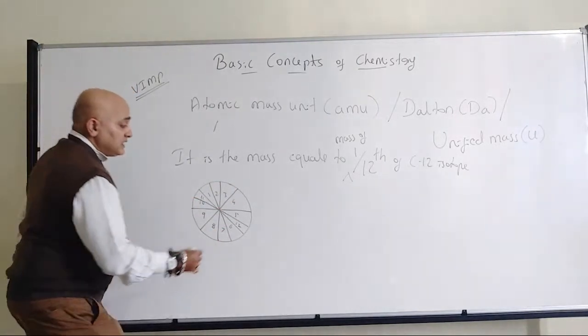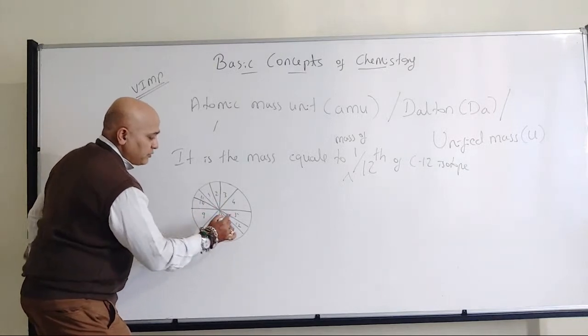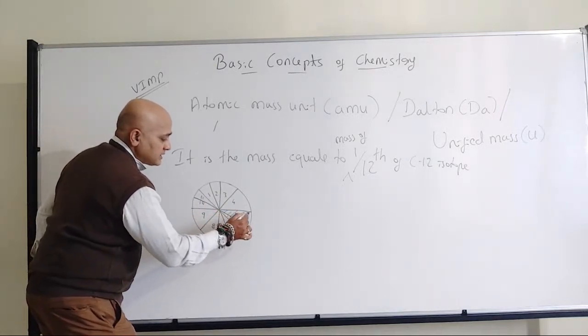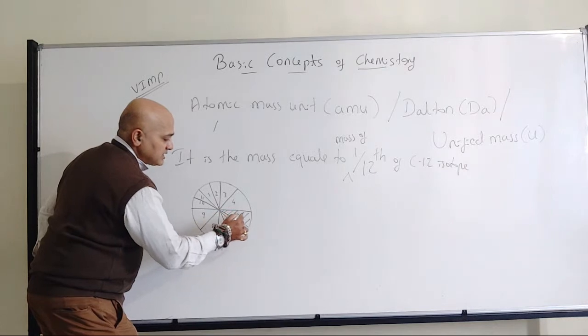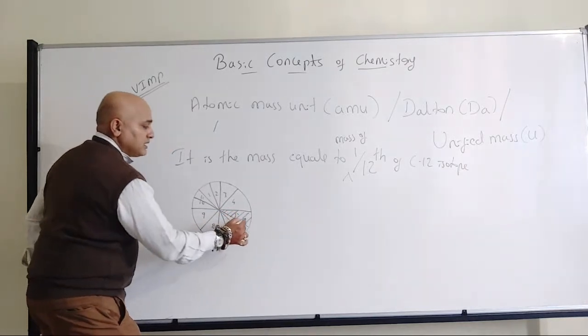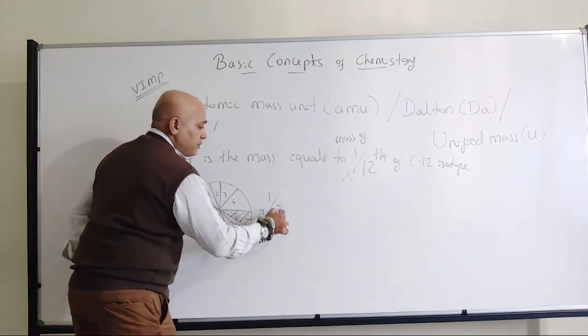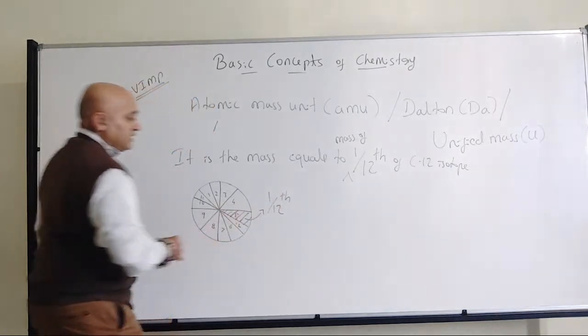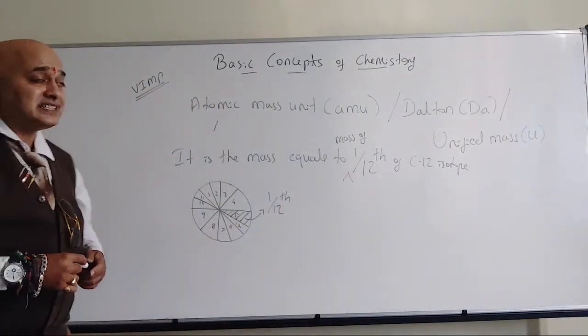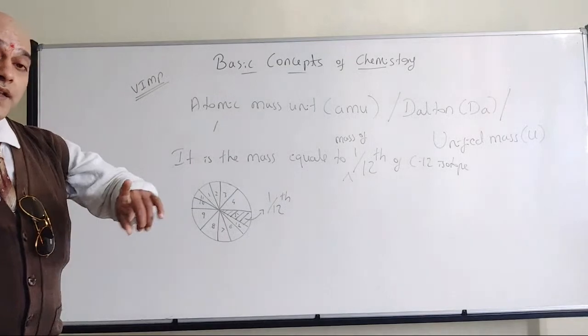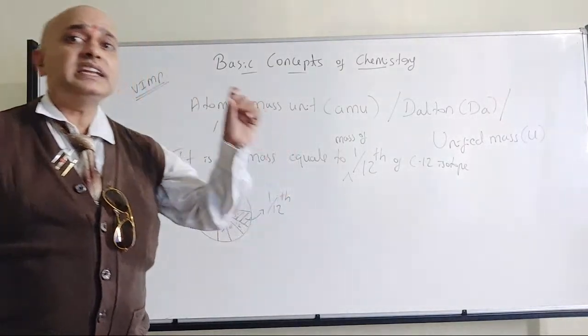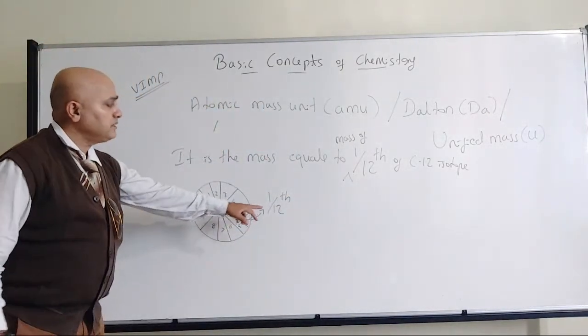Now, among these 12, any one part is nothing but 1 by 12. One division out of 12 divisions is nothing but 1 by 12.